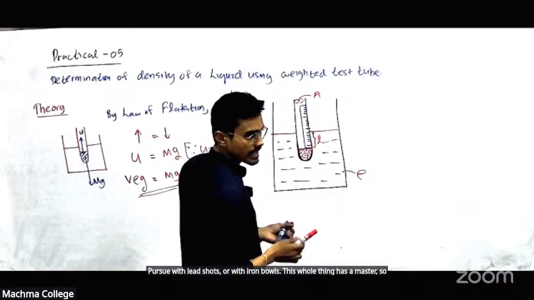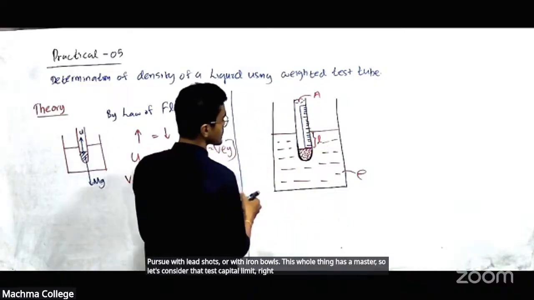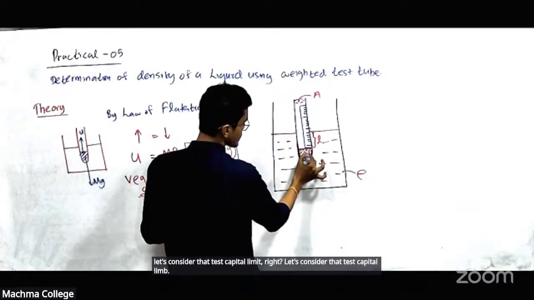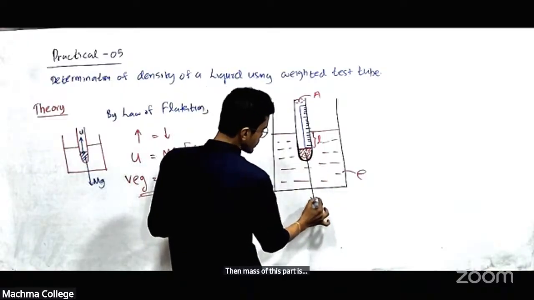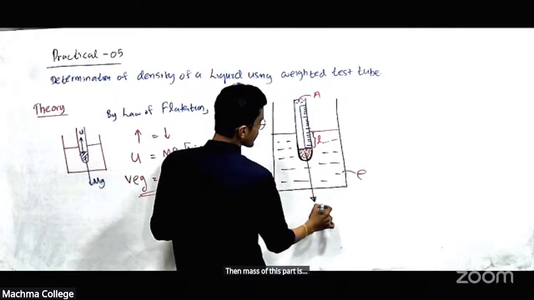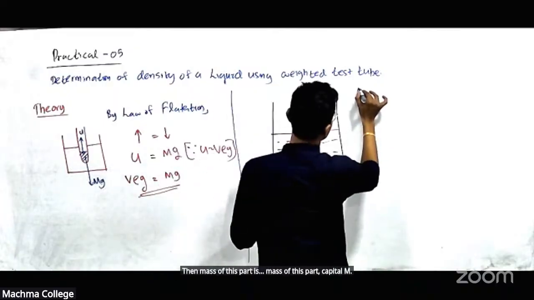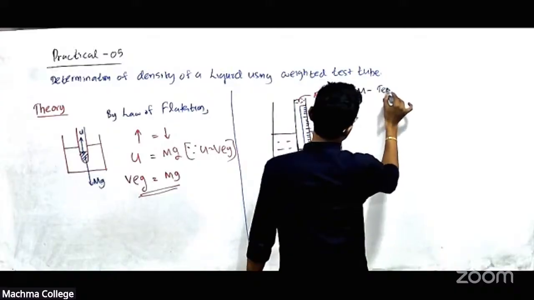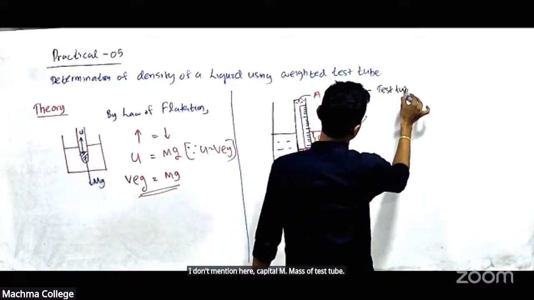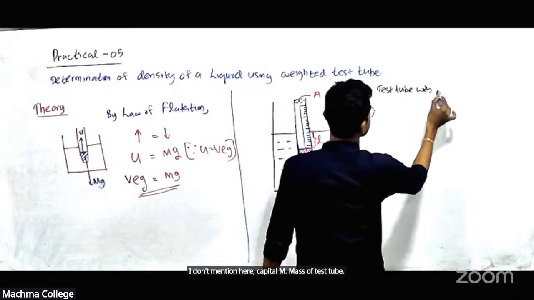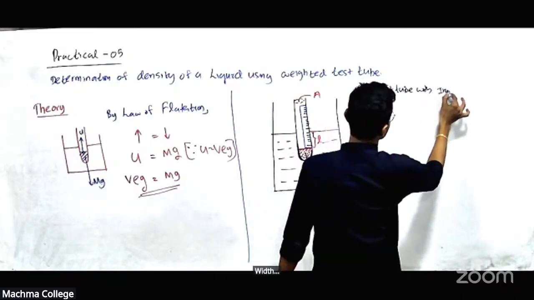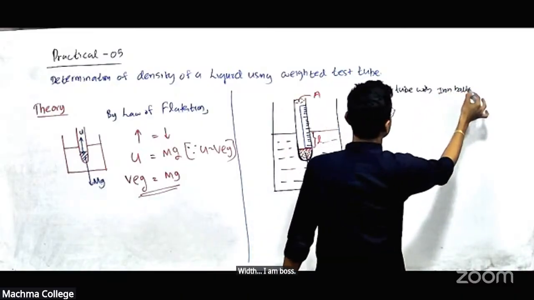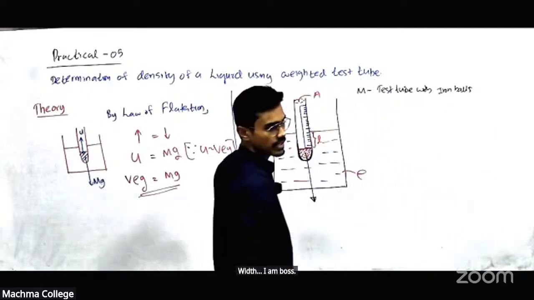So let's consider that as capital M. Then the mass of this part, I'll mention here, capital M. Mass of test tube with iron balls, capital M.